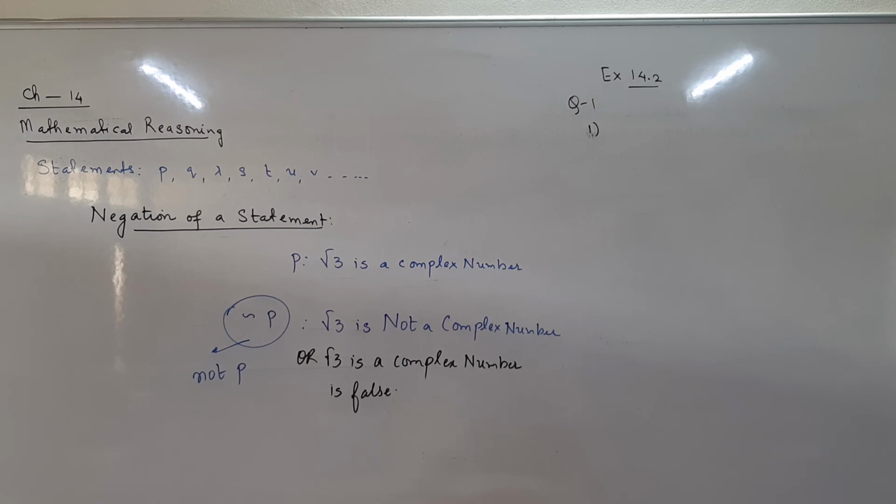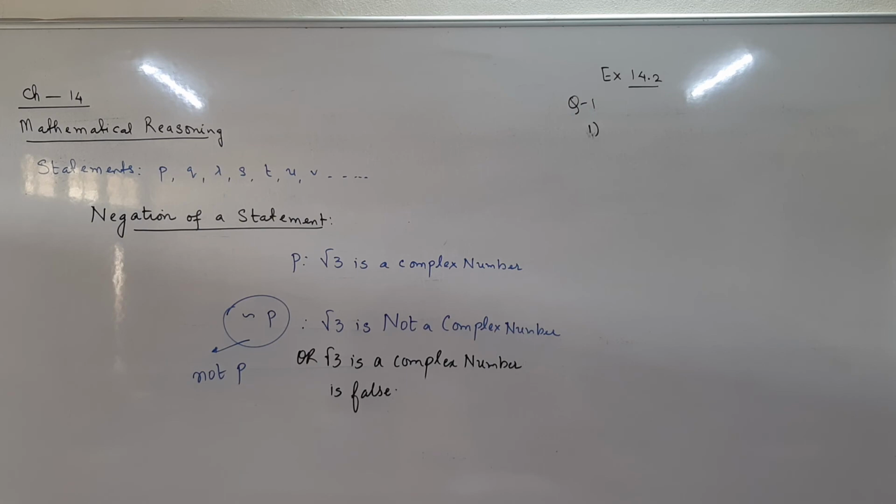2 is greater than 7. What is given, students? The number 2 is greater than 7. What is the negation of this? 2 is not greater than 7. Not greater than has two options, either less than or equal to. The number 2 is not greater than 7, students.